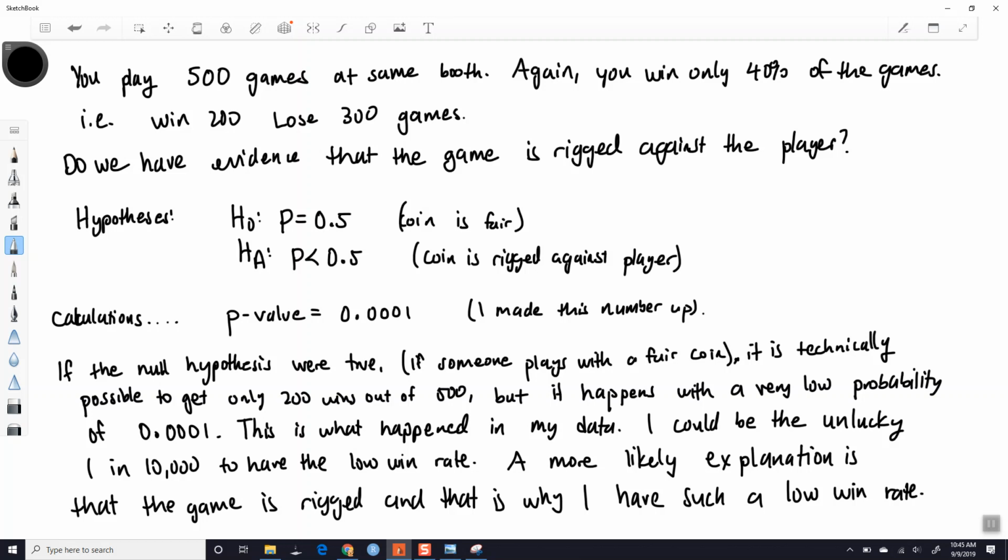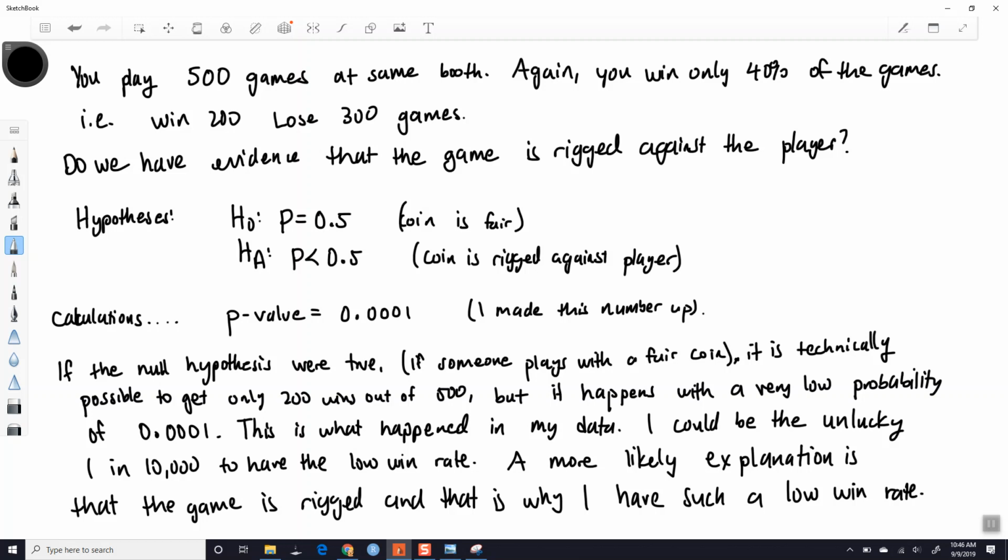It could, but it's really unlikely. So I could just go away and say, well, maybe I was that unlucky 1 in 10,000. But a more likely explanation is that I'm not the unlucky 1 in 10,000, but rather that the game is rigged. And that is what explains my incredibly low win rate.